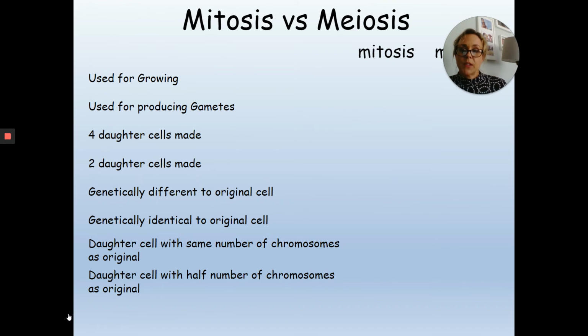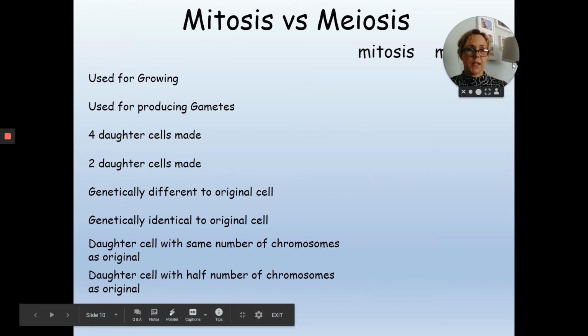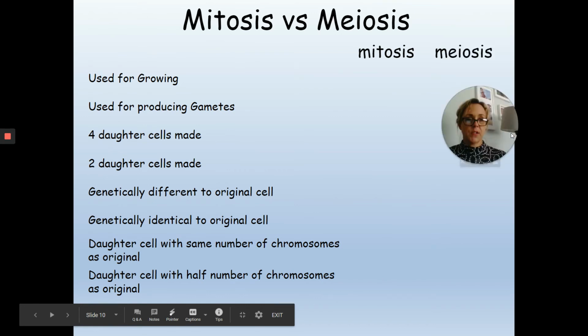Okay, so next task is to compare and contrast mitosis and meiosis. So write these all down in a list in your book and then add mitosis or meiosis. I'm just going to move the camera down slightly so you can see what I've done.